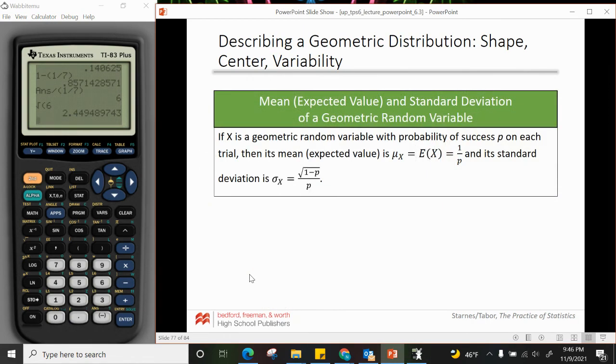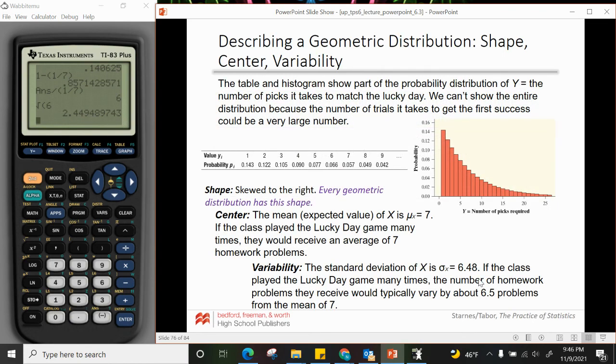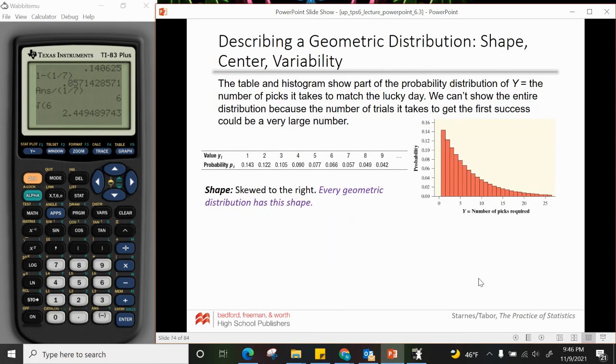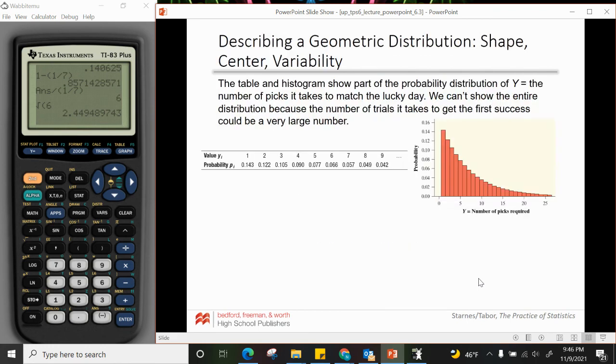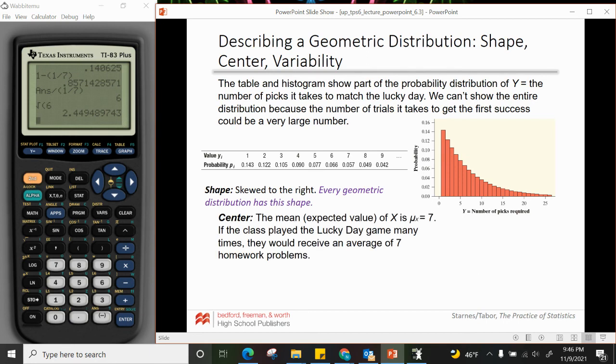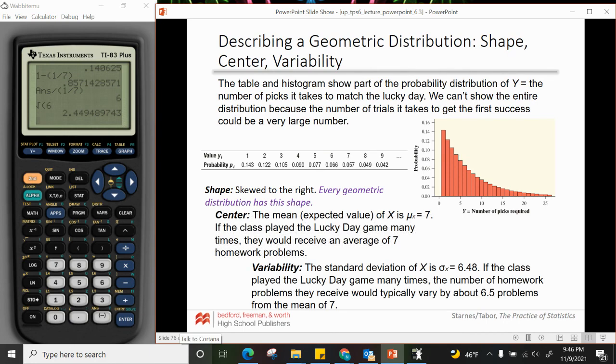What did I do wrong here? Let me double check on my own calculator.